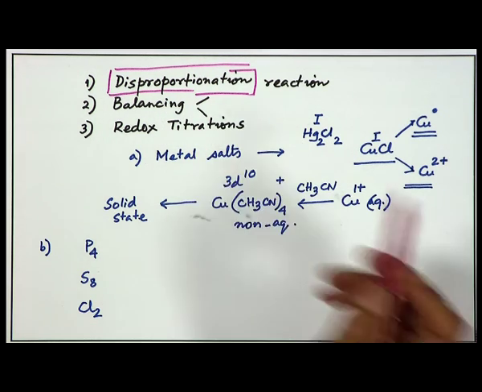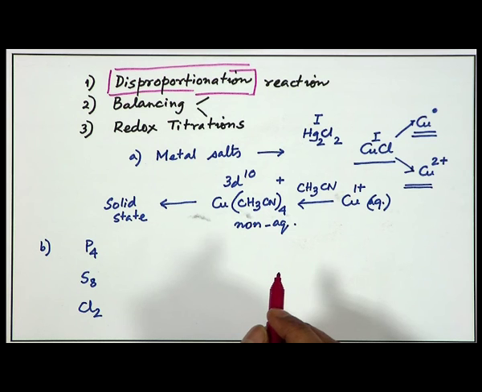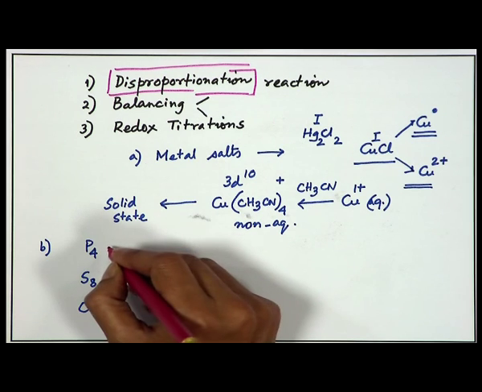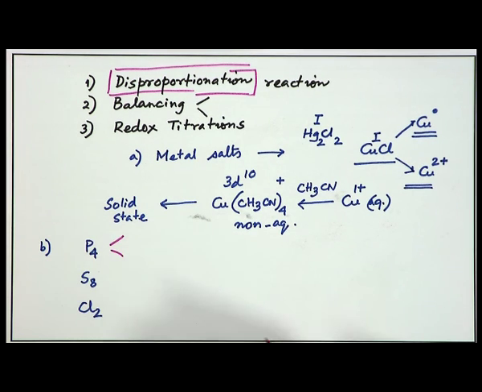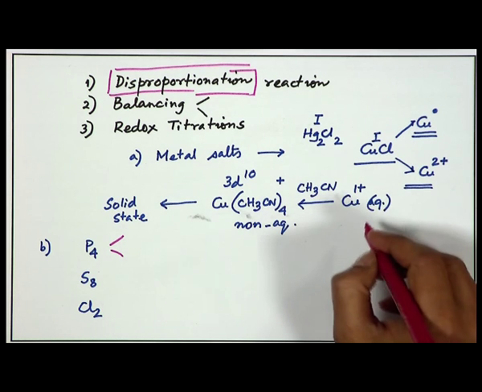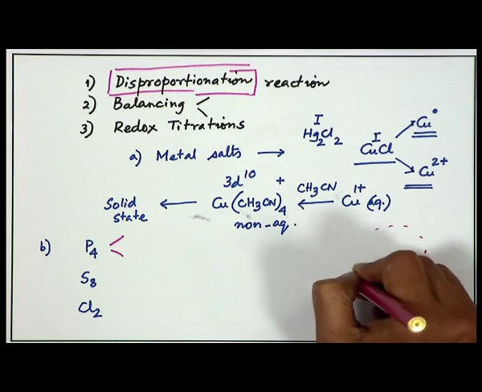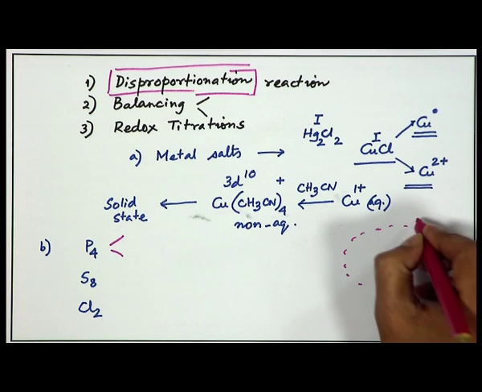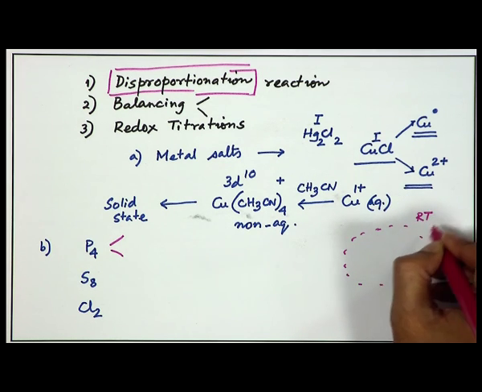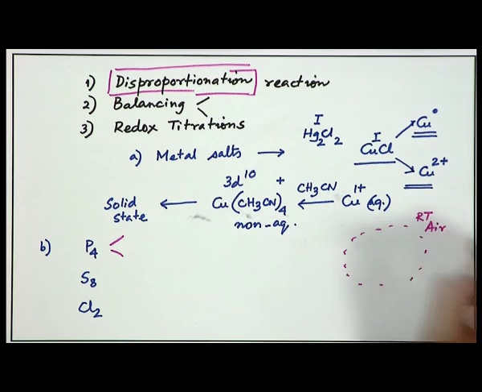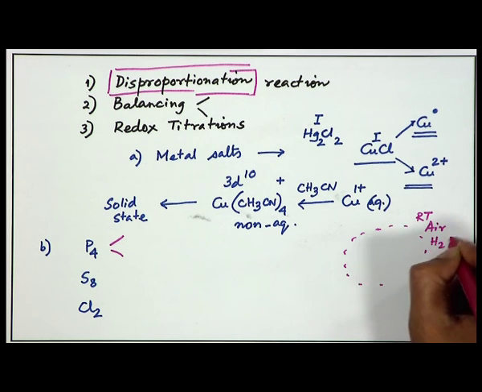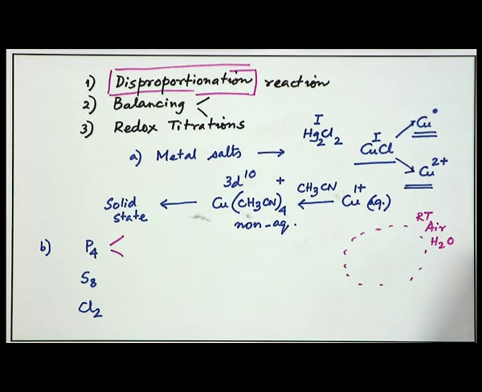If that can happen, we should be able to identify the reaction condition, because the reaction depends on the environment where we are doing it, for example at room temperature, in air, in presence of air and moisture.